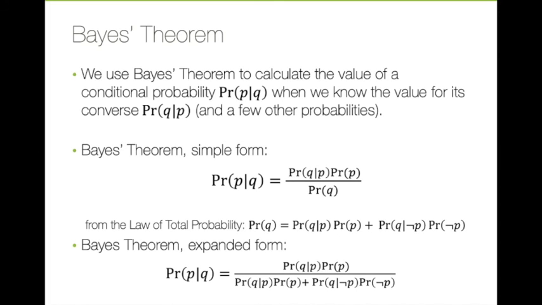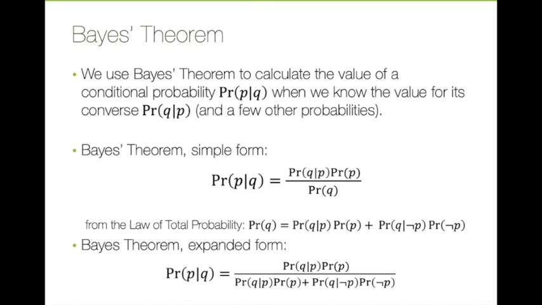So that means if we know the probability of Q given P and a couple of other probabilities, we can calculate the converse, P given Q. So we can see that in the simple form of Bayes' theorem. The probability of P given Q, that's what we're trying to calculate. We can get that if we know the probability of Q given P, and then we multiply that times the probability of P and divide it by the probability of Q.